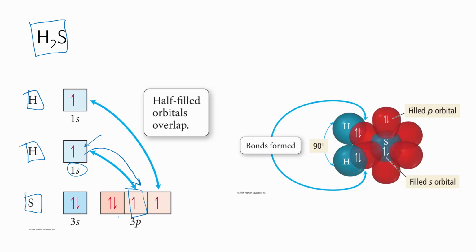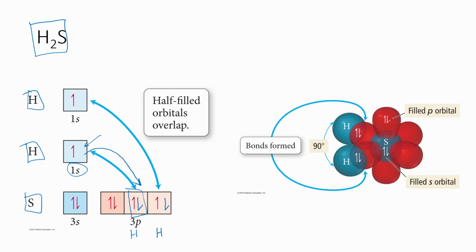Sulfur has 6 valence electrons. One hydrogen combines its 1s orbital with a 3p orbital, and a second hydrogen will combine its 1s orbital with another 3p orbital of the sulfur.